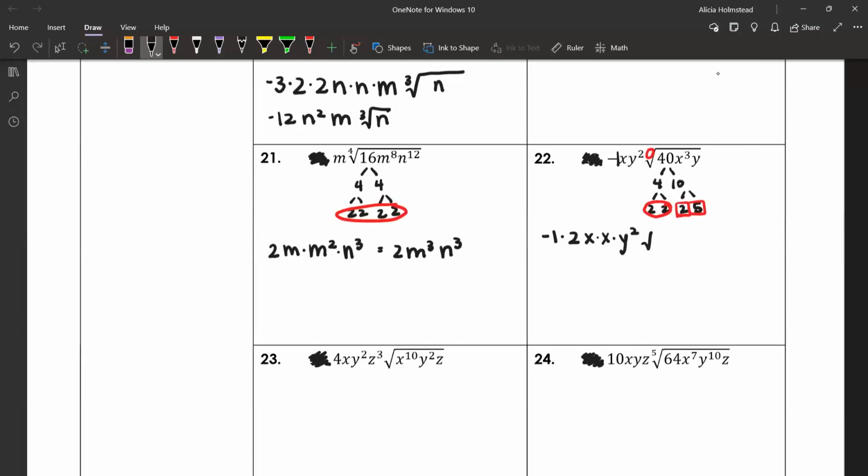So then we'll have to write what's left over. We have a 2 left over, a 5 left over. We had one x left over, and then the y that couldn't get pulled out. And so if we simplify that, negative 1 times 2 is negative 2, x times x is x squared, y squared, and then the square root, 2 times 5 is 10, x, y.